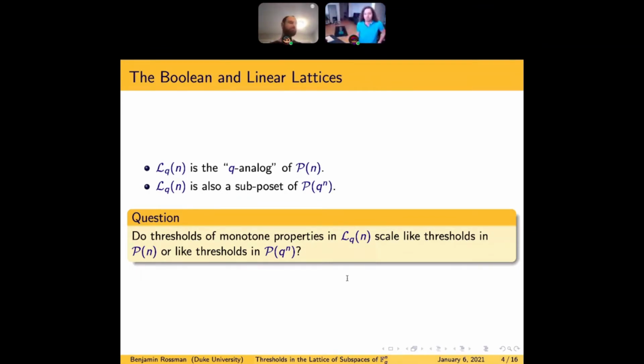So a question which arises naturally is: do thresholds of monotone properties in L_q^n scale like thresholds in the Boolean lattice P_n, or like thresholds in the Boolean lattice on q to the n atoms? This is the question that we studied.